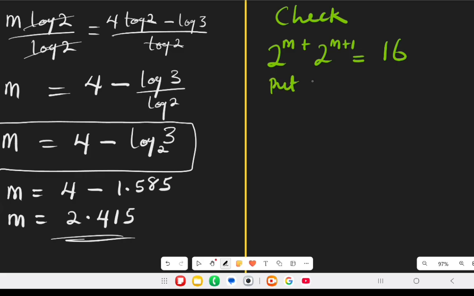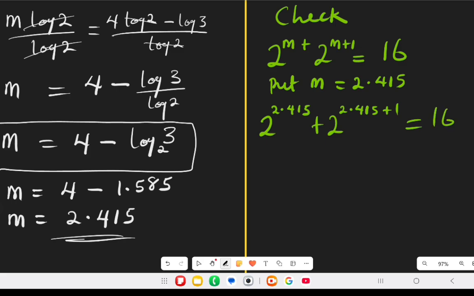Put n equals 2.415. Then this will change to 2 raised to the power of 2.415 plus 2 raised to the power of 2.415 plus 1. Let's check if it will give us 16.